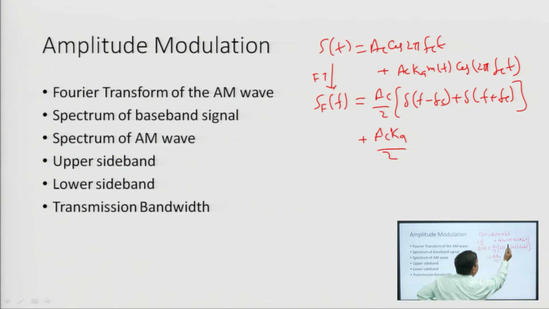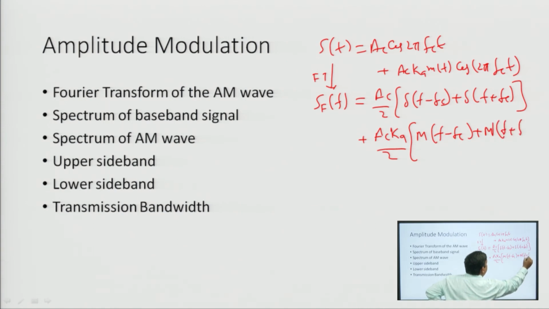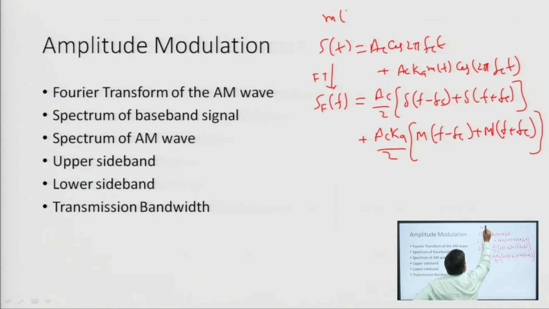Then m(t) cos 2 pi fc t gives M(f minus fc) plus M(f plus fc). M(f) is nothing but the Fourier transform of the modulating signal.